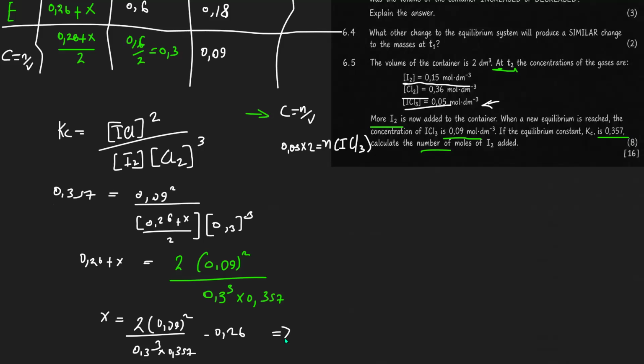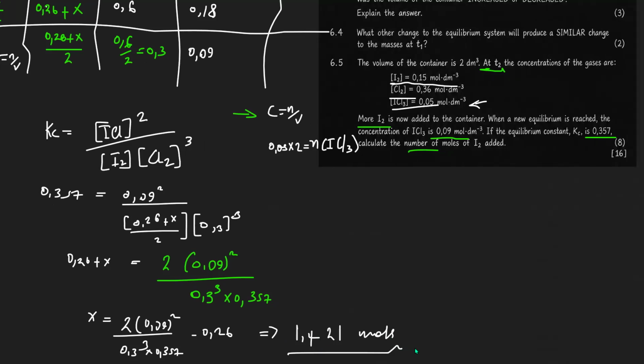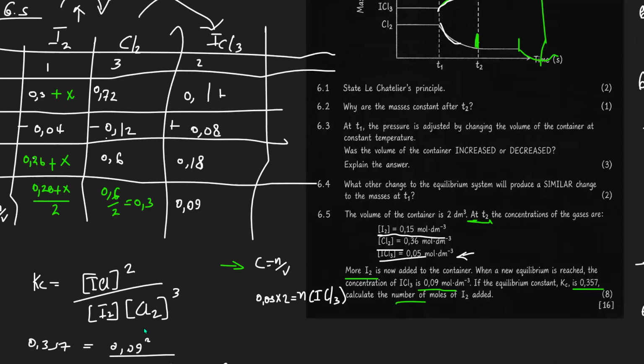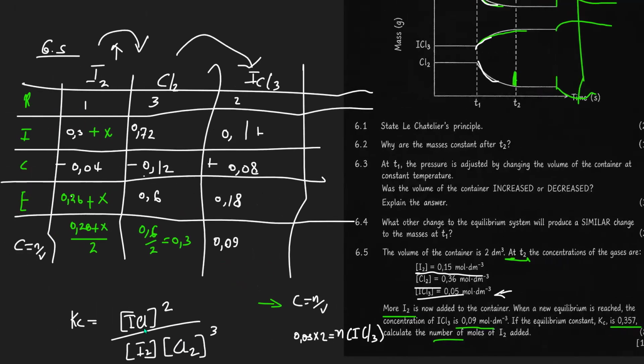I'm getting 1.42, or 1.421. That's the amount that I'm getting. Okay, then we have found our answer. And thank you so much for tuning in to us. We're here.